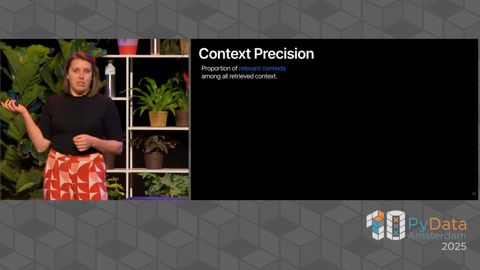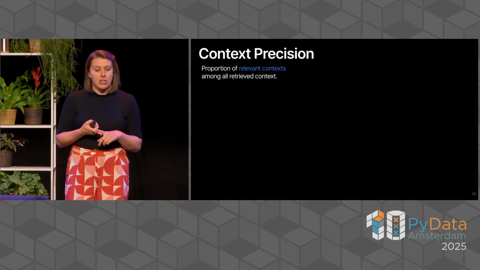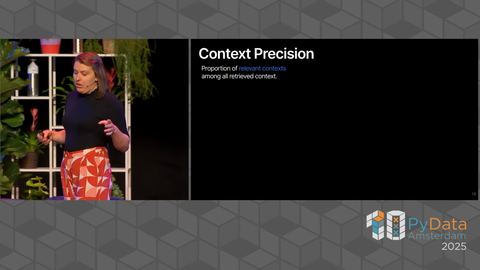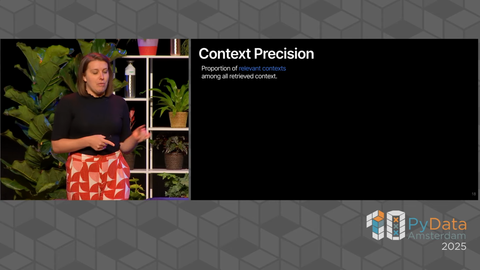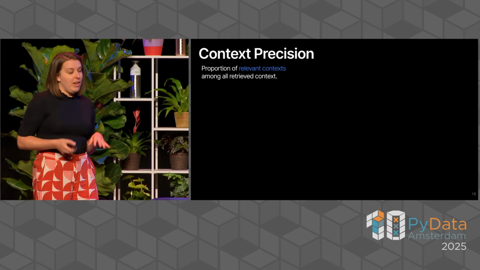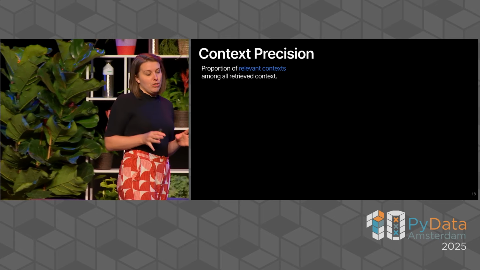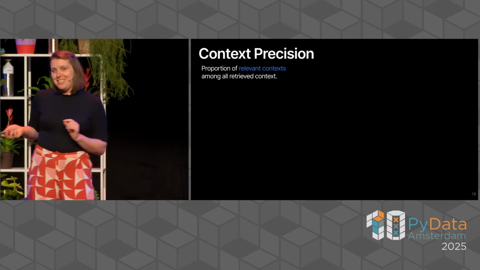So, context precision. In classical machine learning, precision is the proportion of positive classes among all predictions. Translated into chatbot evaluation, this is the proportion of relevant contexts among all retrieved contexts.